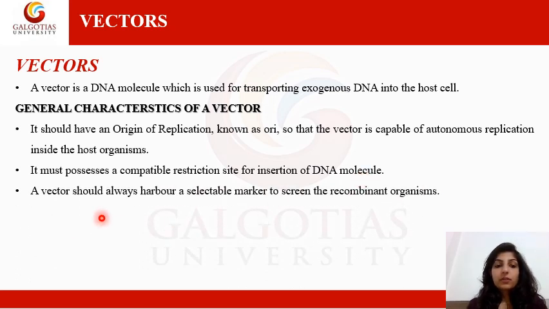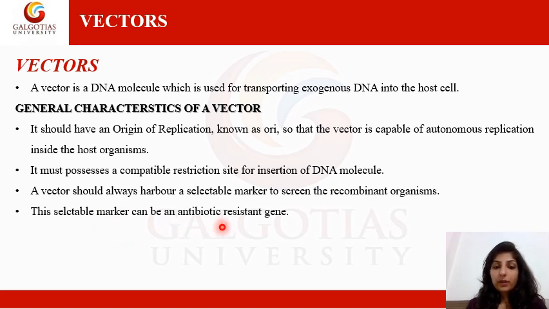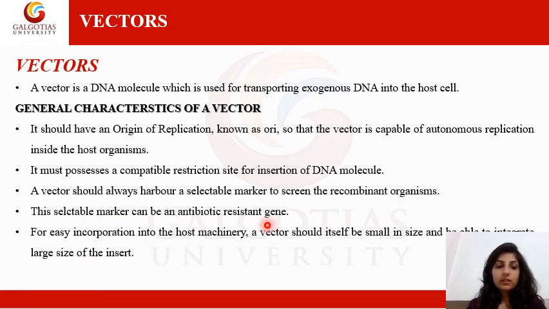A vector should always harbor a selectable marker to screen the recombinant organisms. This selectable marker can be an antibiotic resistance gene.